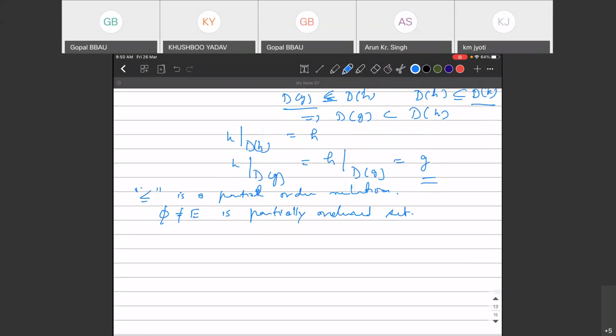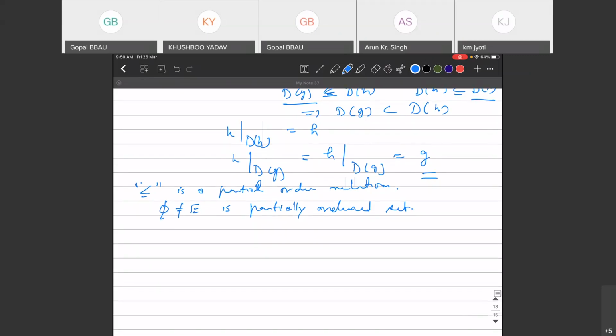So now choose an arbitrary chain C in E. We now define G head.